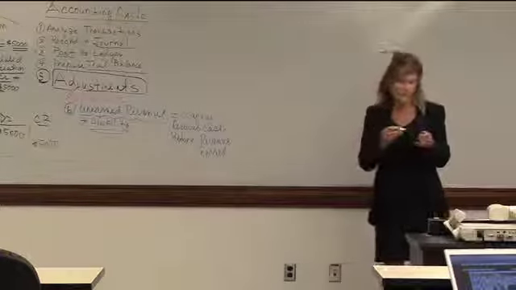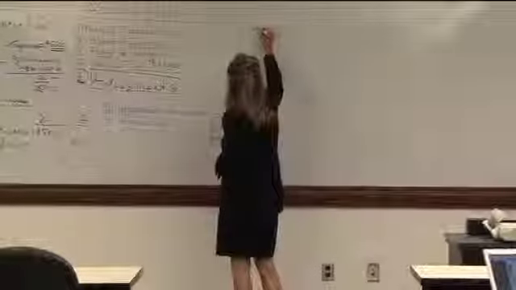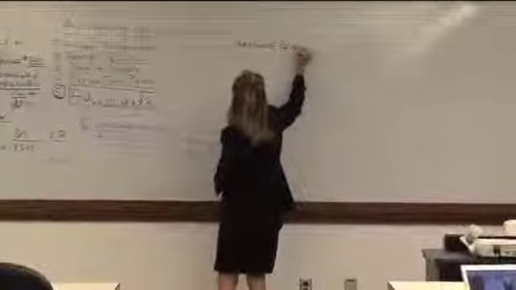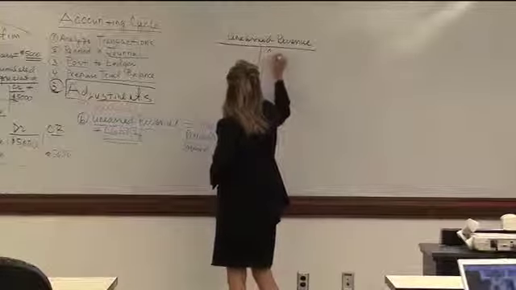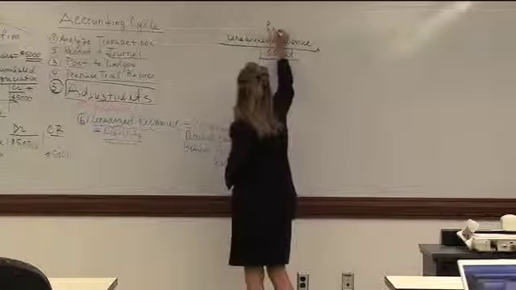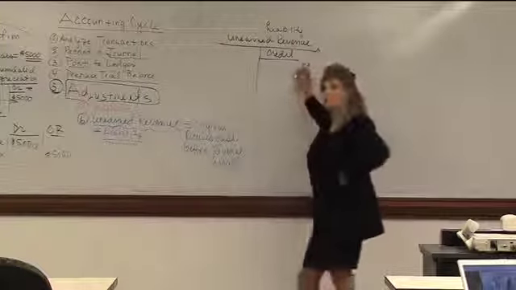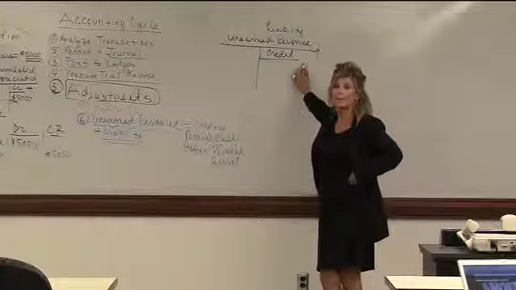So let's pretend we're the New York Yankees, okay? And we've collected in advance unearned revenue. Could be any sporting team. And because it is a liability, the expectation is for the entry to be on the credit side, and we increase it.